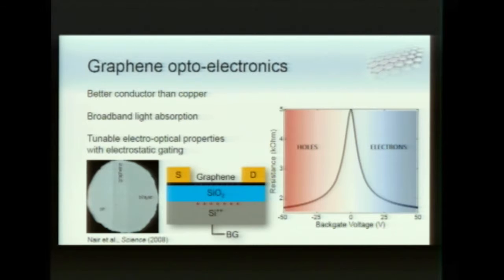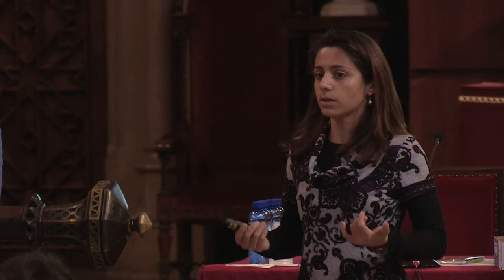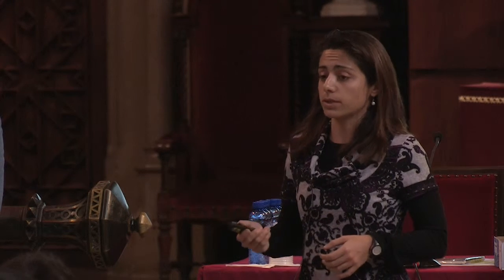So let's first consider the picture on the left, where you see the absorption of graphene. It is surprising that graphene, being only one atom thick, can absorb 2.3% of the visible light. So this is a huge quantity. And it is also possible to tune this quantity, and also the optical and electronic properties of this material, in a very simple way.